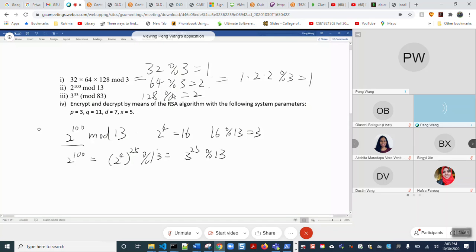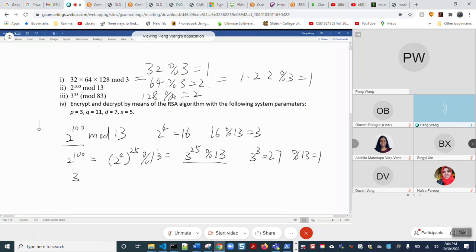And when we get here, we also need to notice that 3 power 3 equals 27, and 27 mod 13 equals 1.